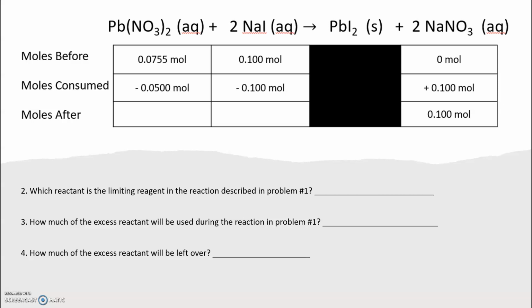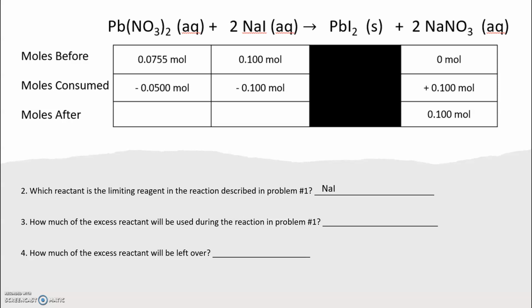So the limiting reactant in this case is sodium iodide. In the moles consumed portion of the BCA table, you'll notice that we used up all of the 0.1 moles of sodium iodide, and that's because it completely ran out. Once you run out of one of your reactants, no more product can be produced.